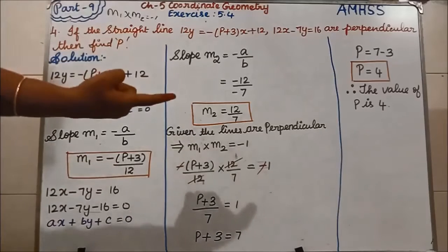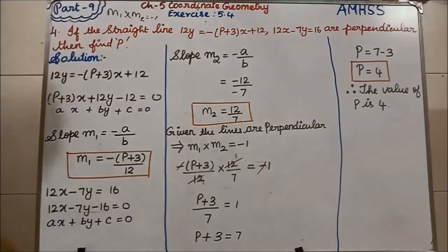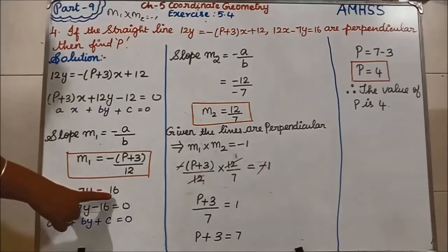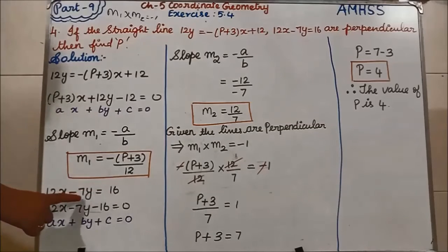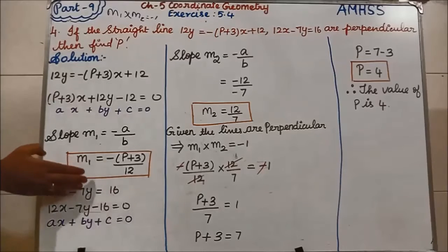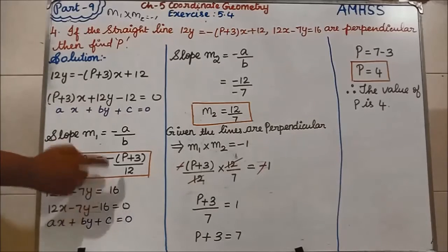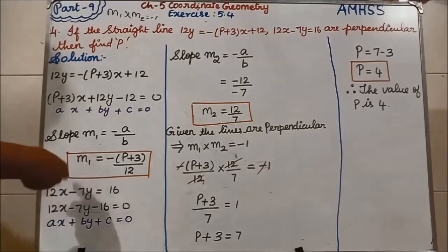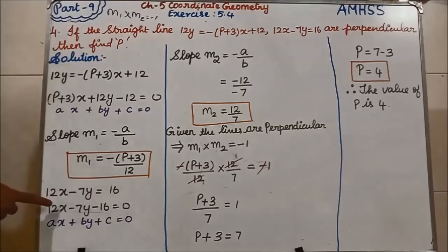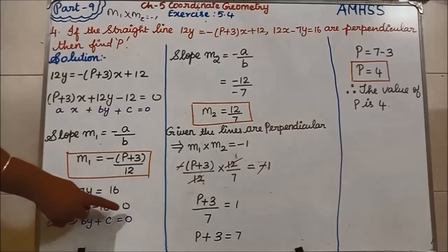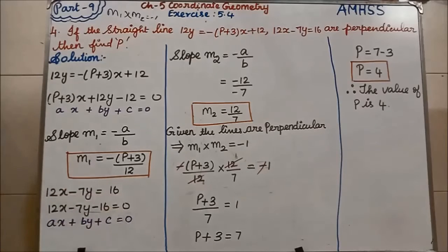Similarly, using the second equation, we have to find m2. See, this is our second equation: 12x - 7y = 16. X term first, then y term, and the constant term which is outside we have to bring inside. So 12x - 7y - 16 = 0. Now we compare with the equation of a straight line.